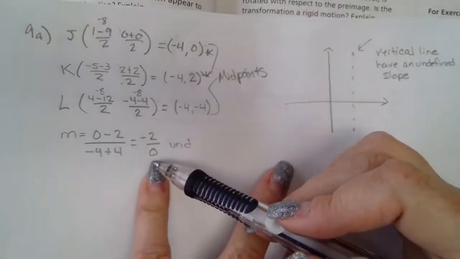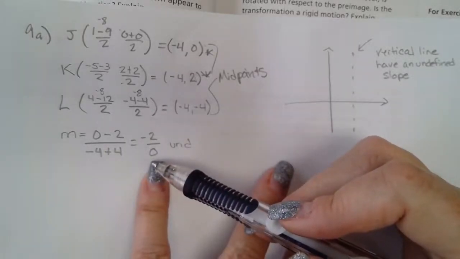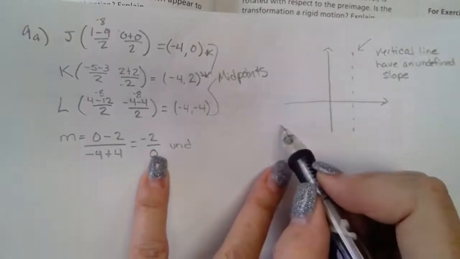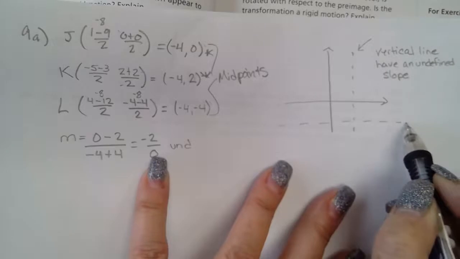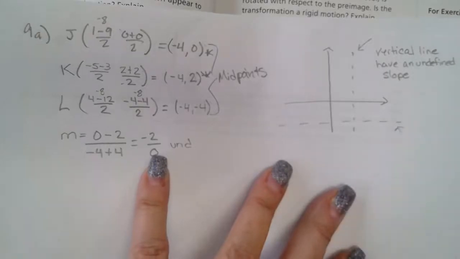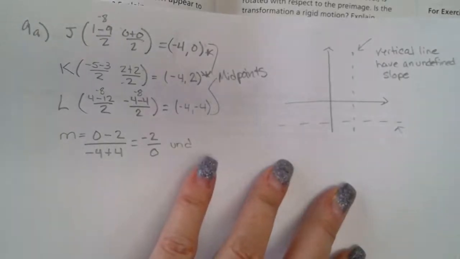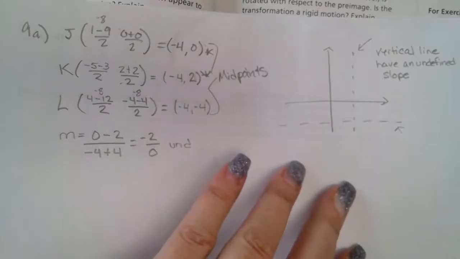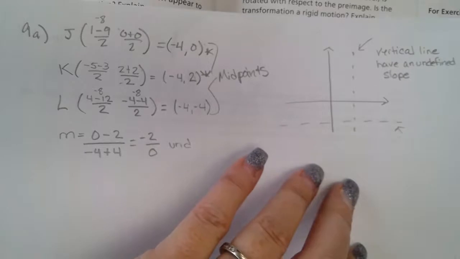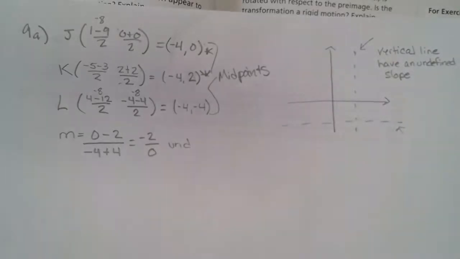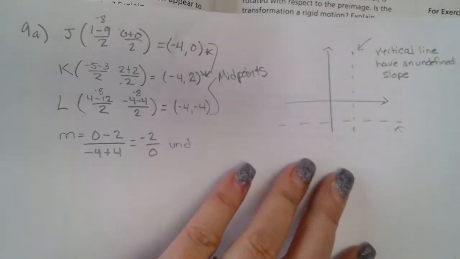So what does a horizontal line have then? It does have a slope, in the sense that we don't say anything doesn't have a slope. The slope is 0 because it's rise over run. It's not rising, is it?